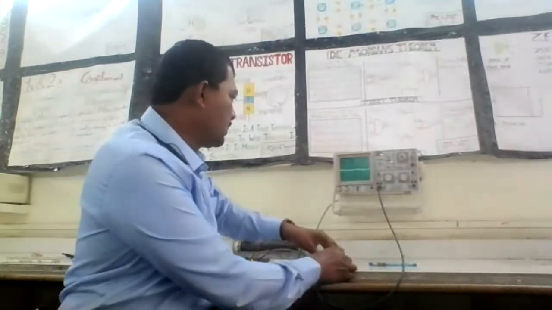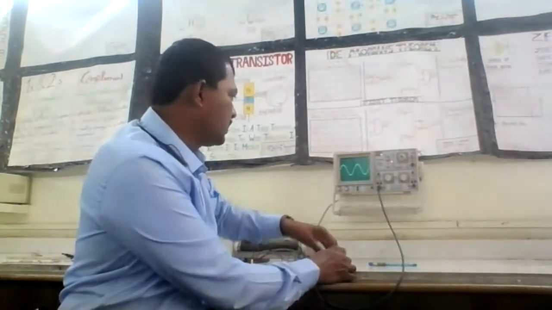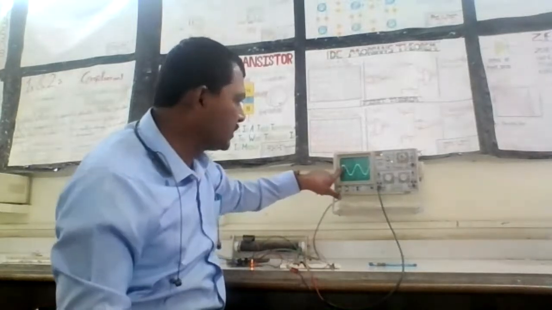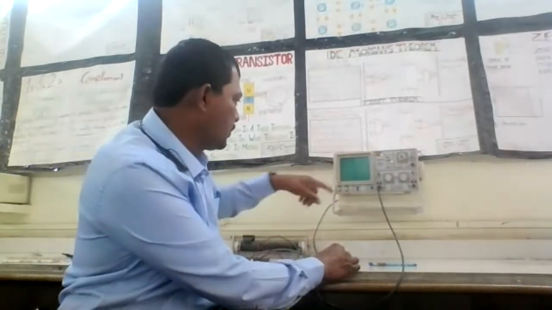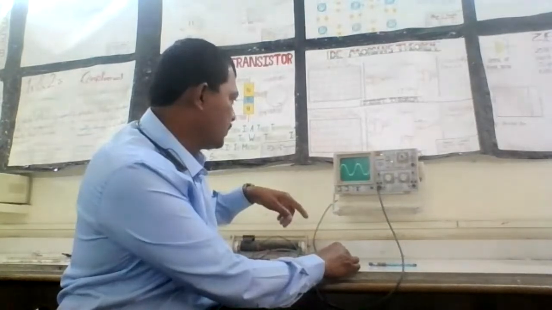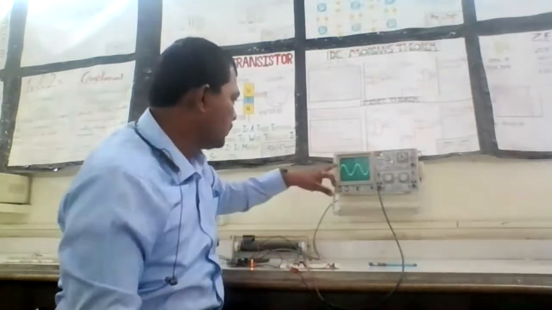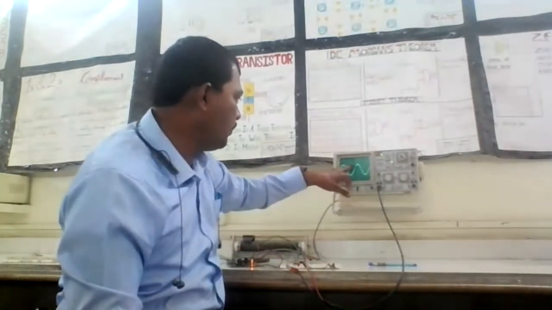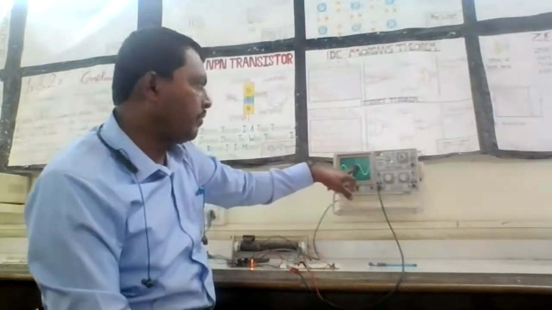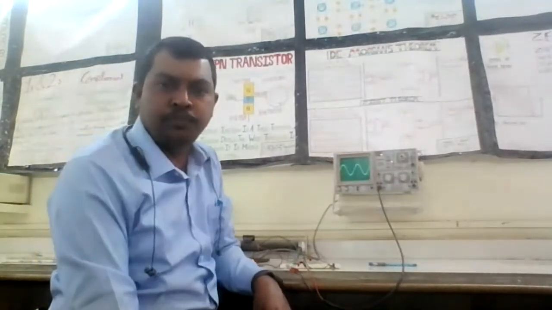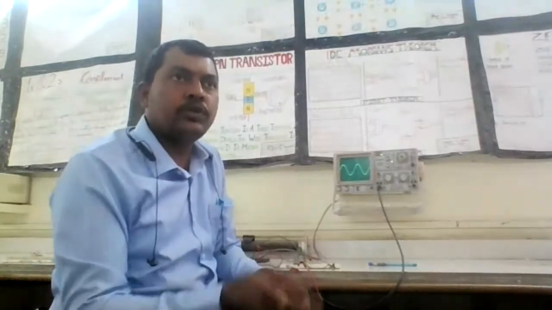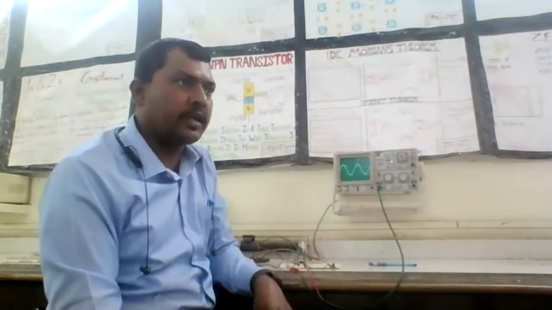So we'll be measuring that on the peak. Yes, it has a damp. So we can measure the scale. Yeah, so it is one, two, three, four, and five. Five divisions are there, and we have to multiply it by 0.1. So it is 5 into 0.1, that is 0.5 millisecond.